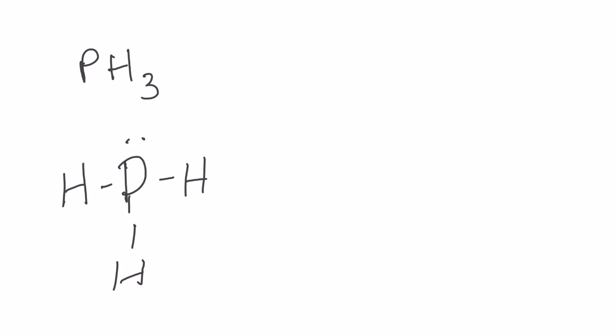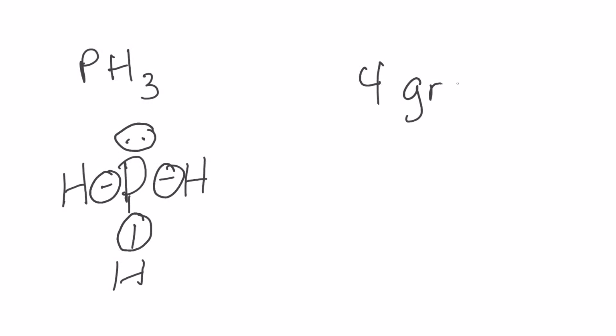Here I have PH3, and this time I've already done a Lewis structure because I have dots and lines. So this is a Lewis structure, and I'm going to count the groups of electrons. I get 1, 2, 3, 4 groups, and I'm always counting around the central atom. So I have 4 groups of electrons.